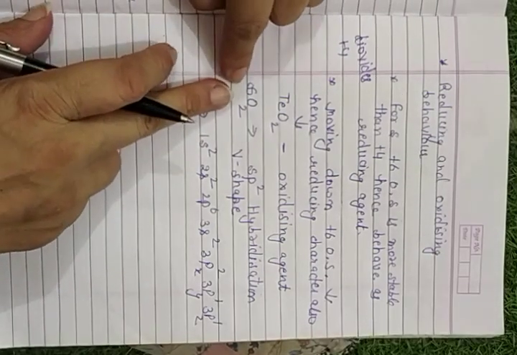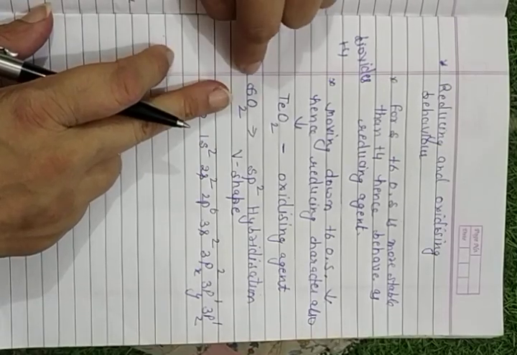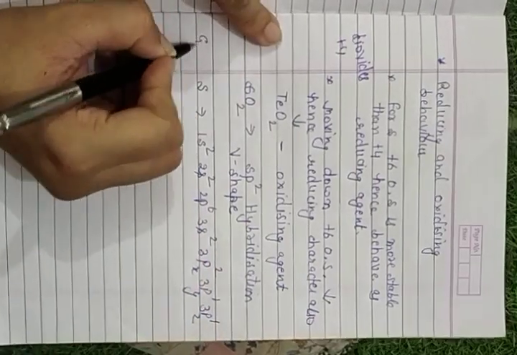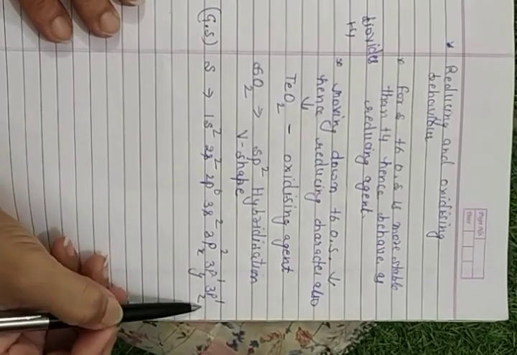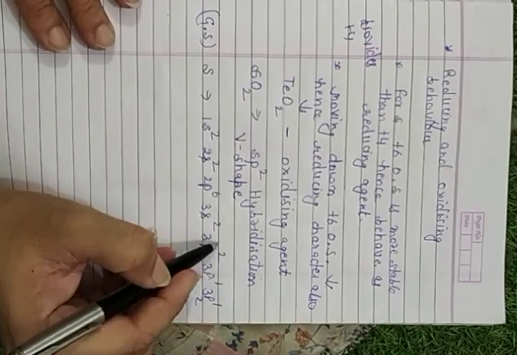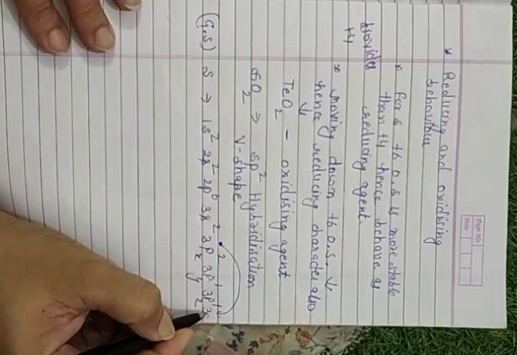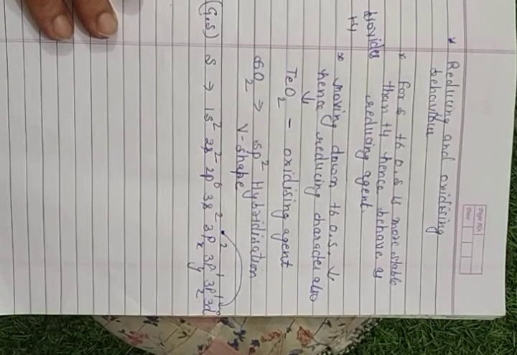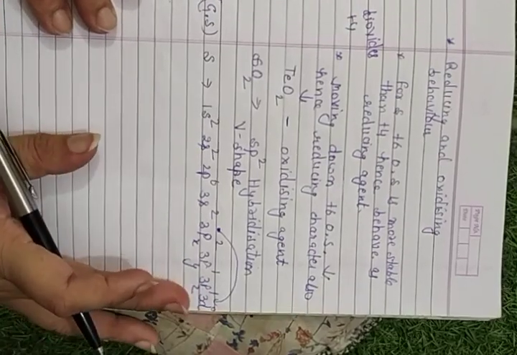Now in SO2, sulfur has 4 covalent bonds, hence it should also have 4 half-filled atomic orbitals, but in its ground state electronic configuration it has only 2 half-filled atomic orbitals. To make 4 half-filled atomic orbitals, one electron from a lower energy orbital jumps to a higher energy orbital. Here d is also present in the third shell, but in sulfur there is no electron in the d orbitals.